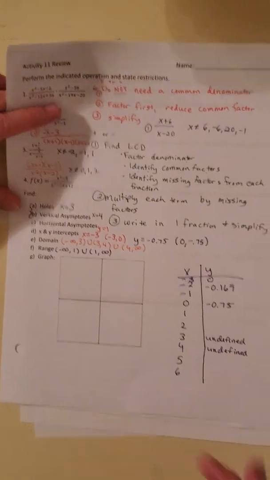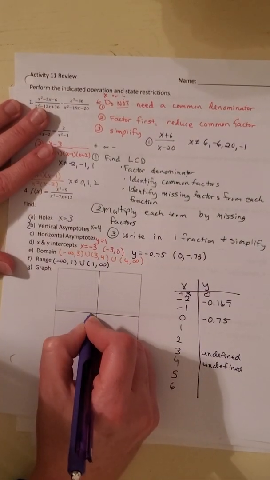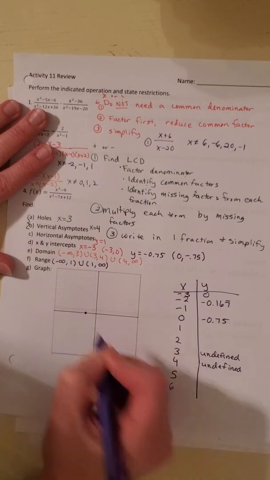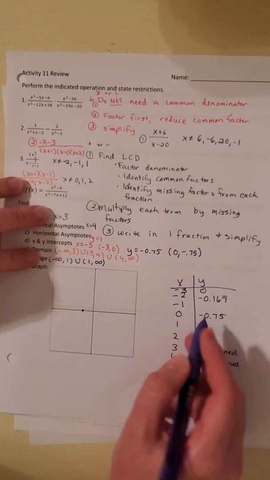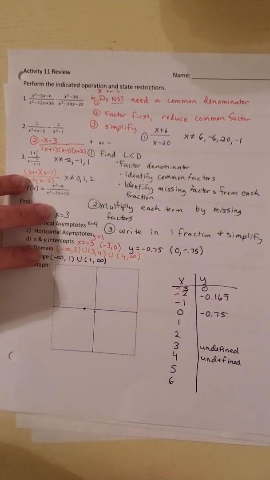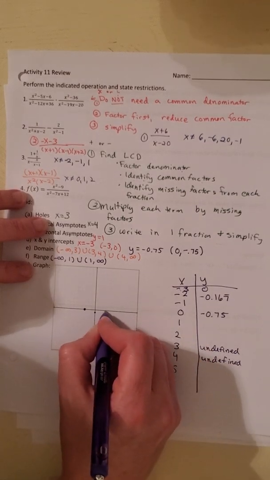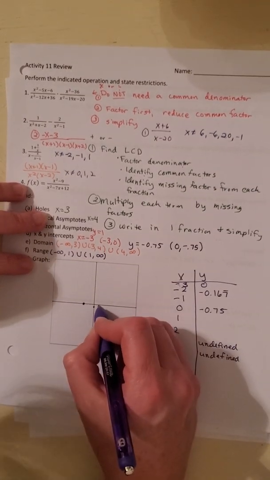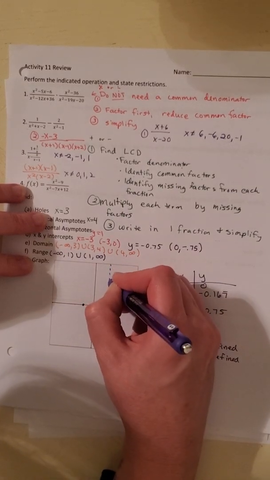And then to graph, we're going to go ahead and put on all of these special features. So I know the graph crosses at (-3, 0), right there. I also know at 0, -0.75, which is right here, there's a point. And I know at 3, there's a hole. And then at 4, the graph is undefined. So I'm going to sketch a line at 4.